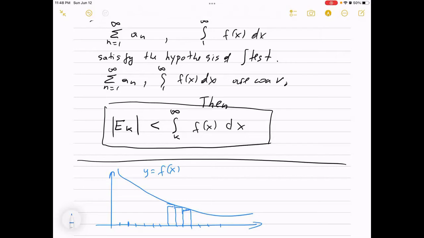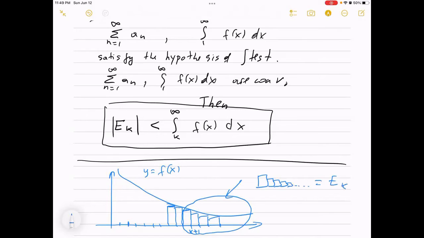And you see if k plus 1 is somewhere here, and our error will be these guys. That will be our error. These rectangles are going to be our error.